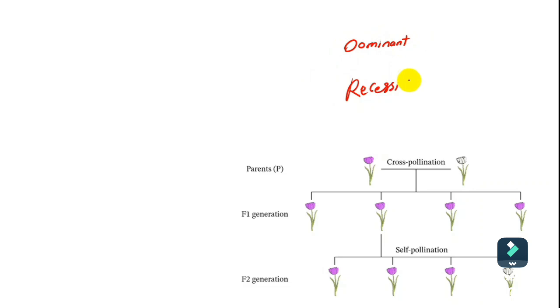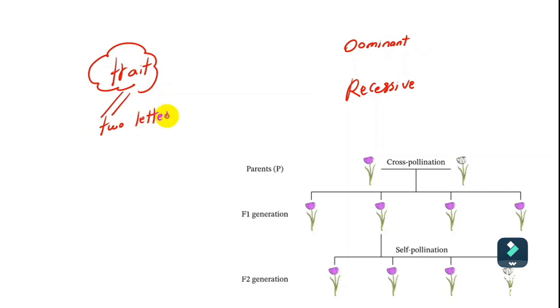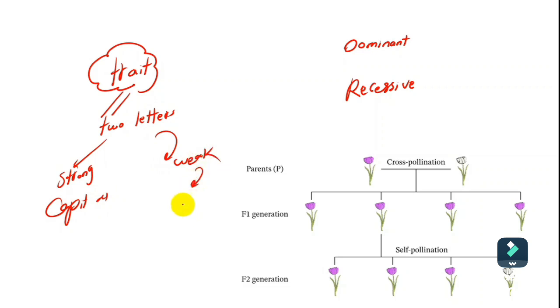You have to understand, my friend, that any trait is represented by two symbols, two letters. If the trait is a strong trait, it will be a capital letter. If the trait is a weak trait, it will be a lowercase or small letter.